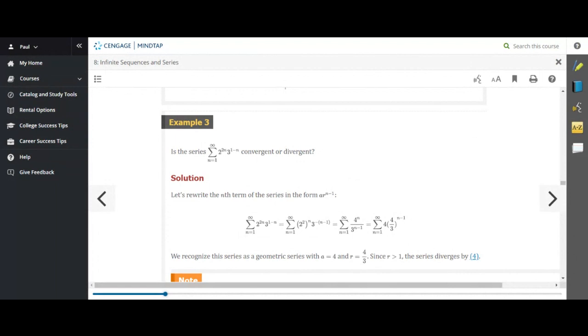The series goes from n equals 1 to infinity, 2 to the 2nth power times 3 to the 1 minus nth power.